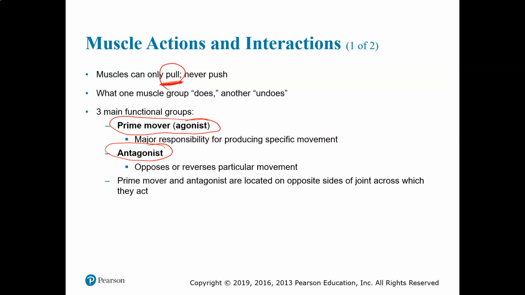So, for example, the biceps brachii, when you're standing in anatomical position, is located on the anterior side of your upper arm. And it is the agonist for flexing the arm.